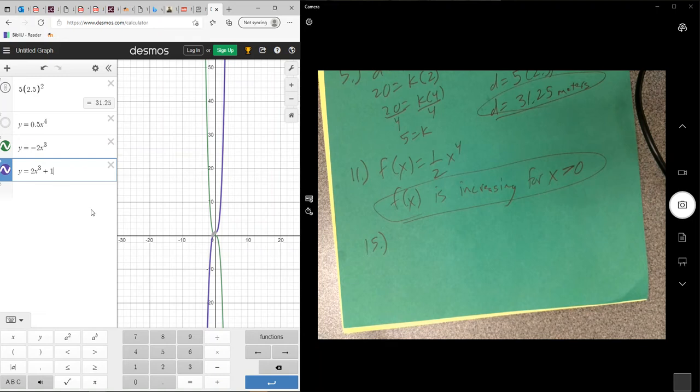Okay, so now when we look at this for problem 15, we notice the green graph is y equals negative 2x cubed, and the purple graph is y equals 2x cubed plus 1.